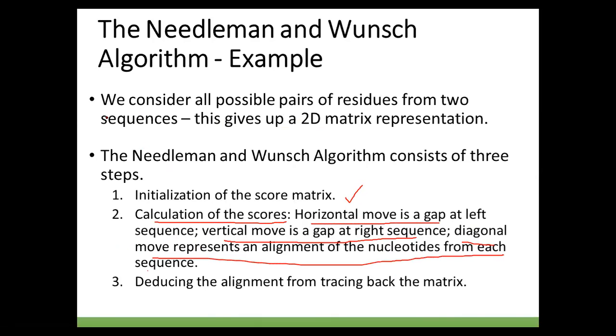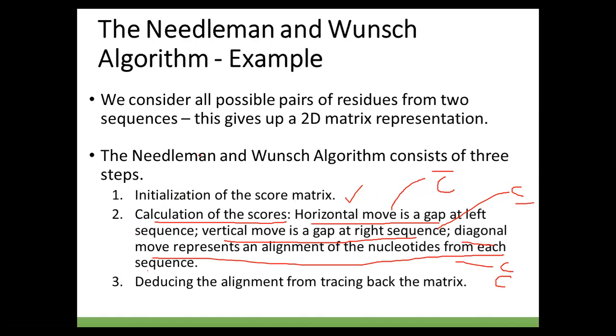Okay. So can you remember that we discussed about three possibilities, isn't it? Gap at the first sequence, gap at the second sequence, and values from two sequences. Actually, these three things are considered in this step, isn't it?